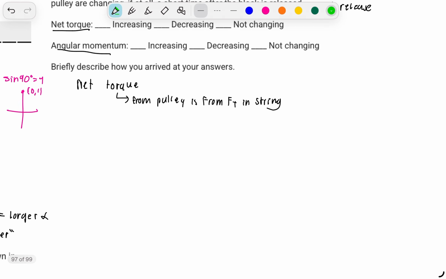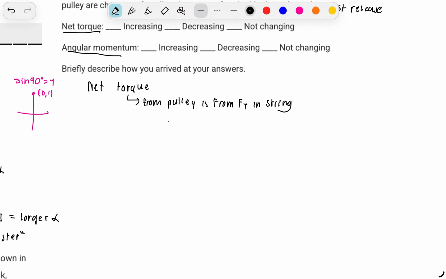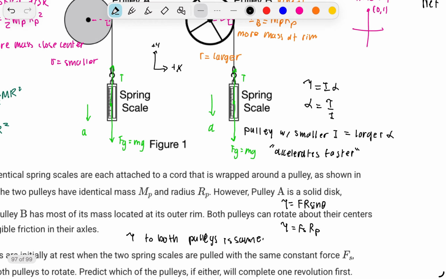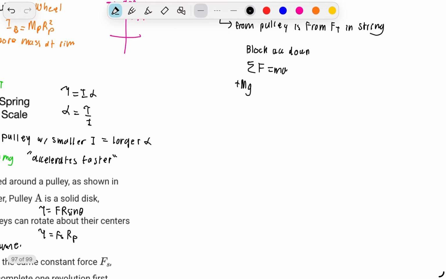So we can write the relationship that the summation of forces is equal to mass times acceleration. So we have a positive mg. That's because mg is in the direction of your acceleration.